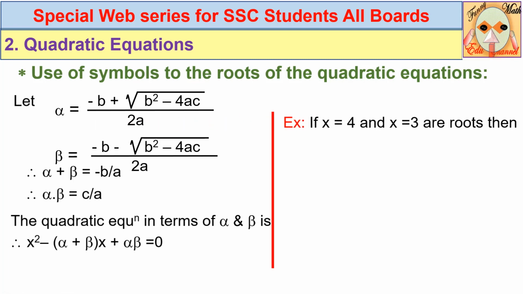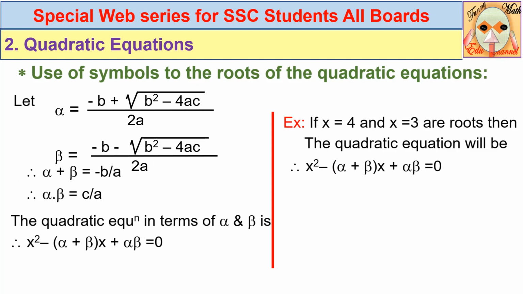If you know x is equal to 4 and x is equal to 3 are the roots, then what will the quadratic equation be? Yes, is it correct? The quadratic equation will be by this formula x square minus (alpha plus beta) x plus alpha into beta equal to 0.